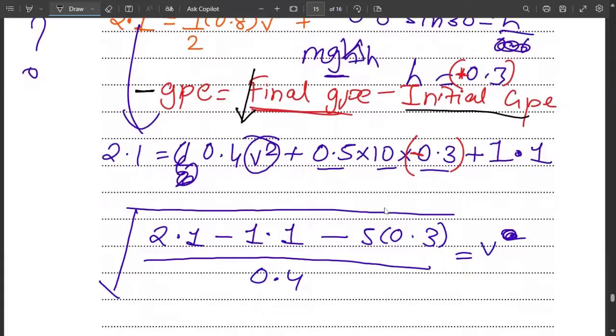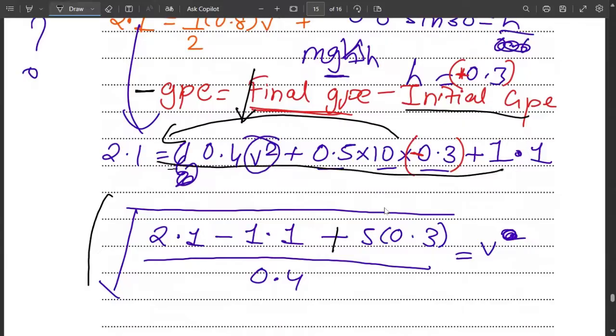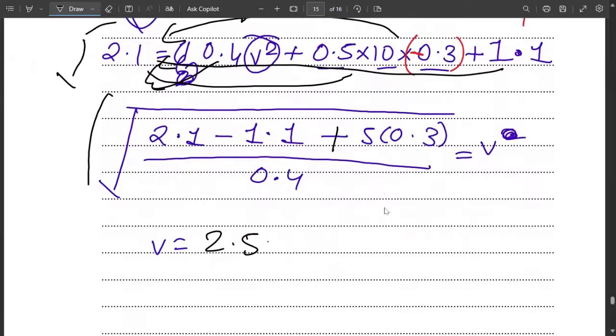And this 0.5 into 10 into this will become positive if it goes on the opposite side. What I did here is I took 1.1 there, I took 0.5 into this there, I then divided it by 0.4 and rooted the entire thing to get the answer for v. So I'll try this again in my calculator. The answer for v I got is 2.5 meter per second.